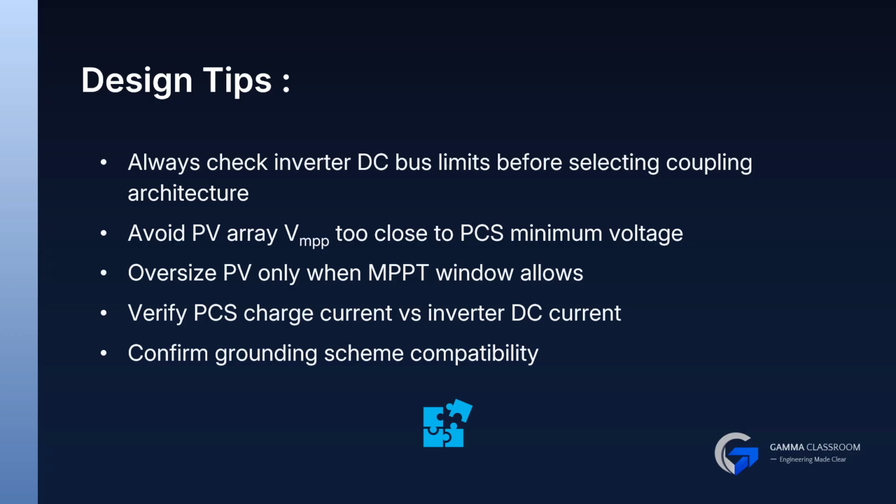Always verify inverter DC bus limits before selecting coupling architecture. Avoid PV array maximum power point voltage too close to PCS minimum voltage. Oversize PV only when the MPPT window supports it.